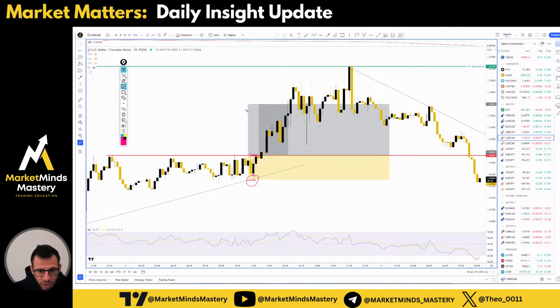Here it was the entry, and 2 to 1 we were out at this doji candle at the top. Of course I didn't stay until this move, because we don't know in trading when the move will be over, correct? So that was pretty much the only trade I took yesterday.